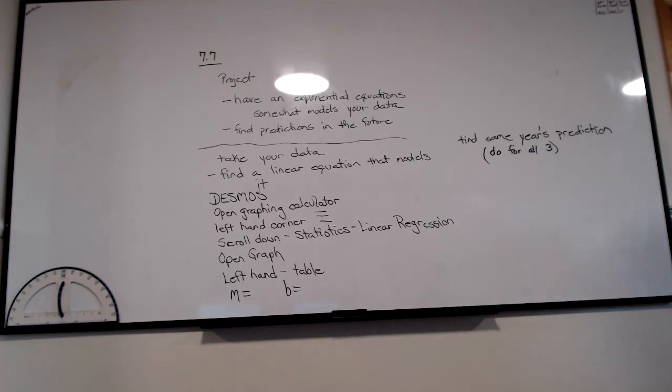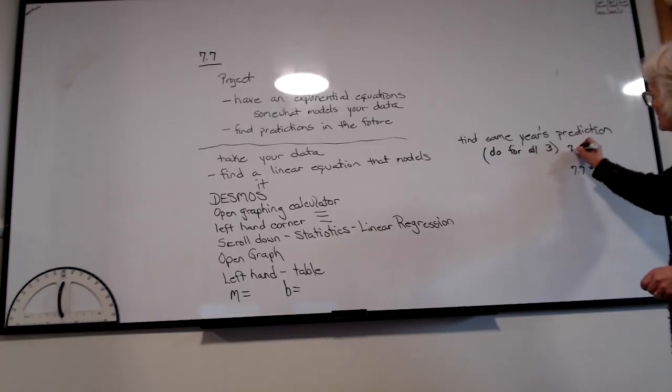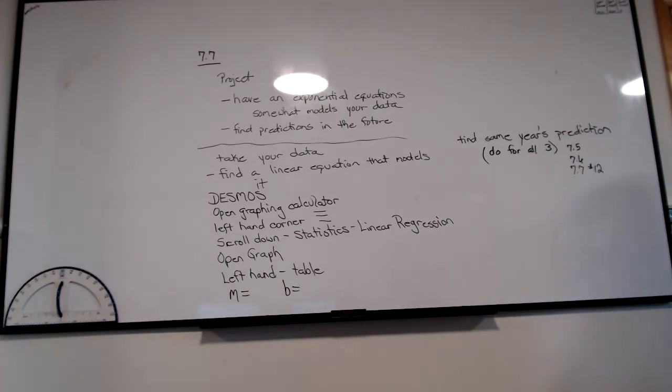Then added to what you have, you're going to do 7.7, number 12. You have 7.5 and 7.6 to do. I will write those up here. From 7 is one question, because I'm really having you do this project. So I want you to spend time on that. When's this due?